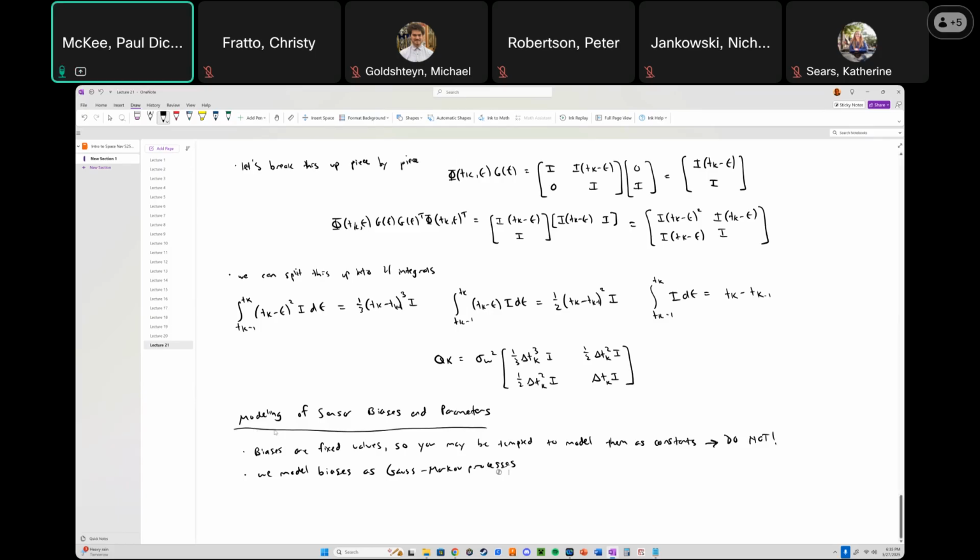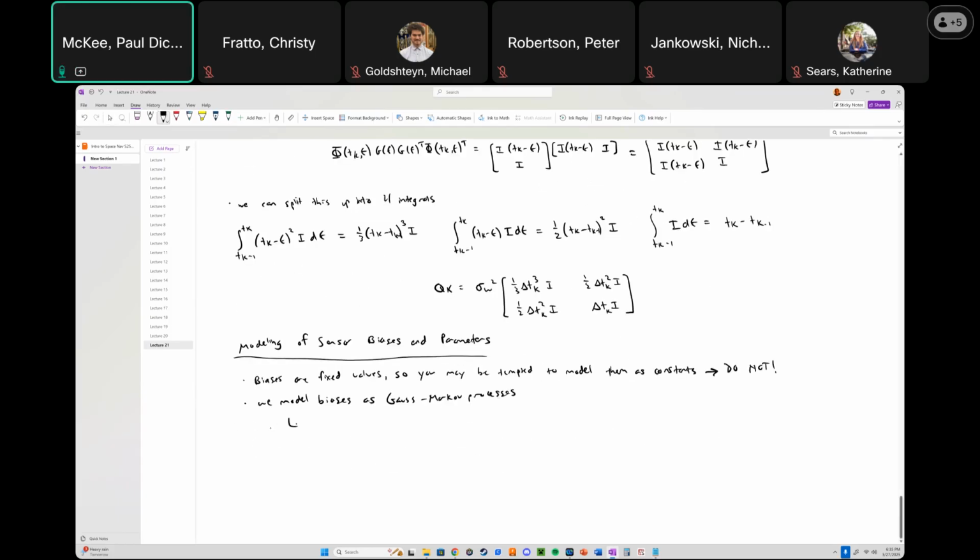So a Gaussian process is one in which all PDFs, probability density functions, describing it are Gaussian.